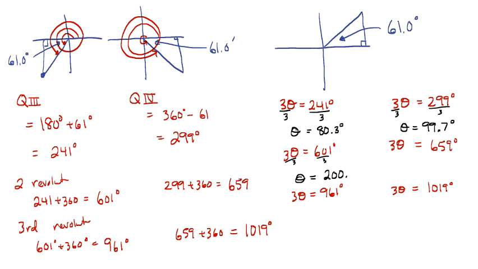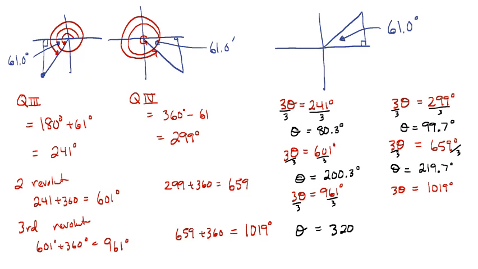All right, divide by 3, divide by 3. And how about 200.3 degrees? Over here, divide by 3. And how about 219.7 degrees? And the last ones here, how about theta is equal to 320.3 degrees?